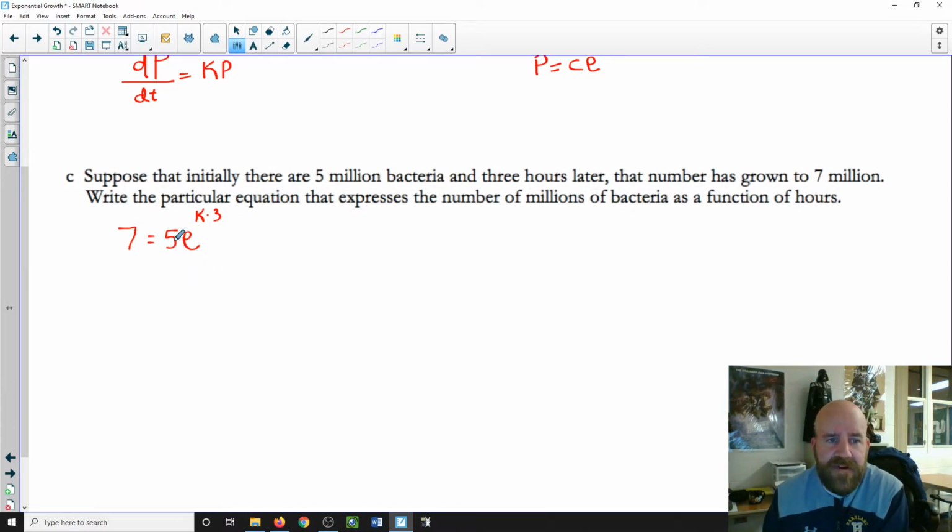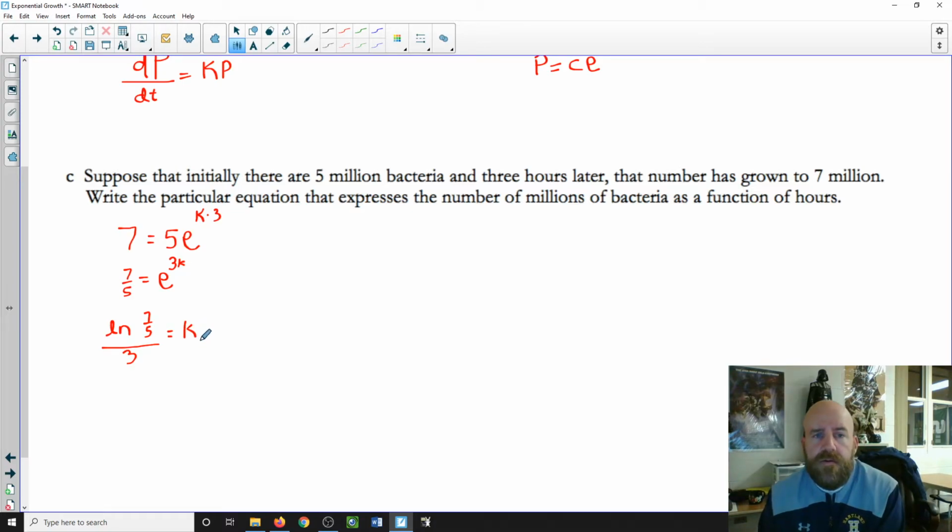If we divide by 5, we get e to the 3k. And then to get rid of e, we're going to natural log both sides, and then divide by 3. So we get natural log of 7/5, all divided by 3. That would equal k. Now we're going to plug back into our equation.